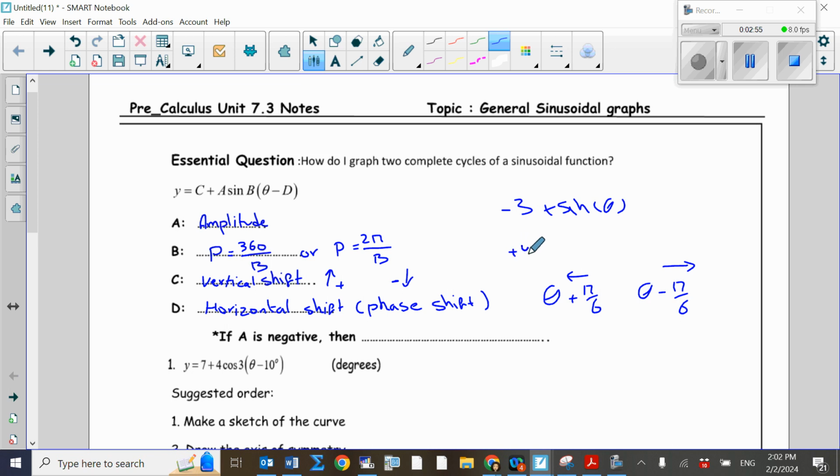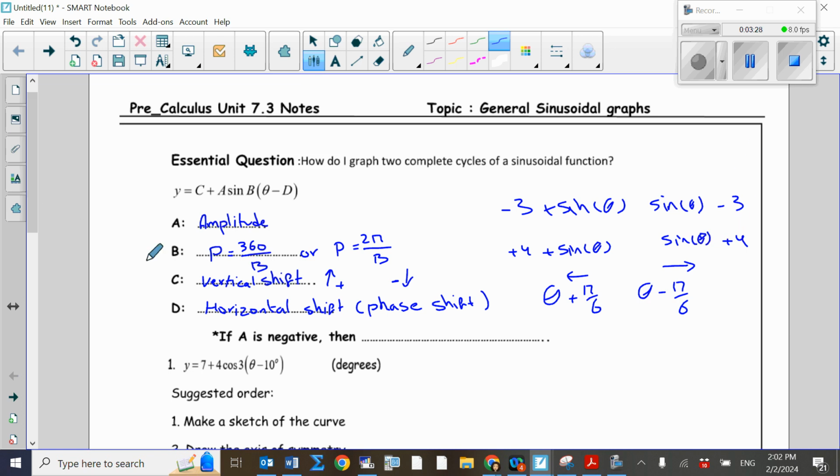If I have +4 plus sine of theta, this is moving up. This number could also be written at the end of the function, so you could write sine of theta -3 or sine of theta +4. It's a number that is added or subtracted to your function. If it's subtraction, it moves down. If it's addition, it moves up.